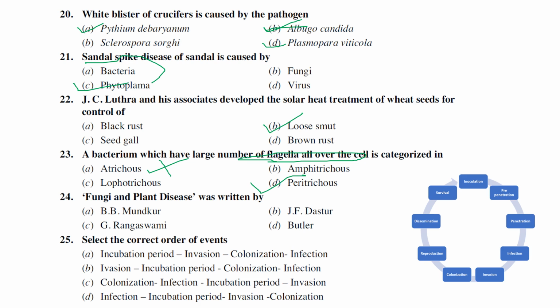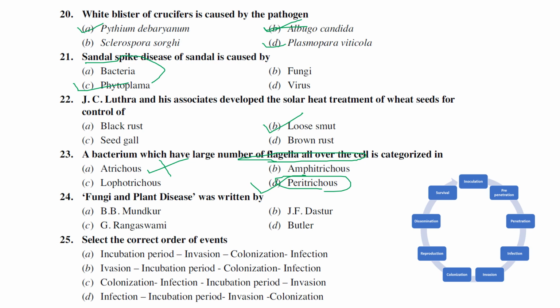Amphitrichous means one flagellum at both sides. Such things I think we have studied in bacteriology. If you see examples: atrichous, Xylella; monotrichous, Xanthomonas; amphitrichous; peritrichous. The best example of peritrichous is Erwinia, with flagella all over the body.